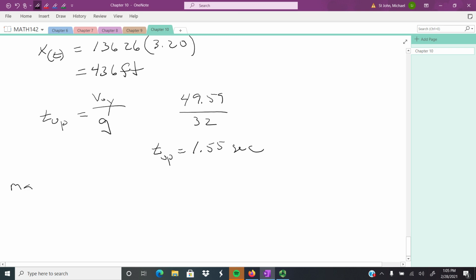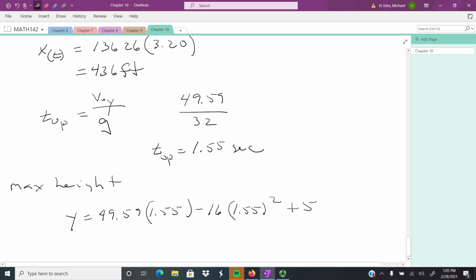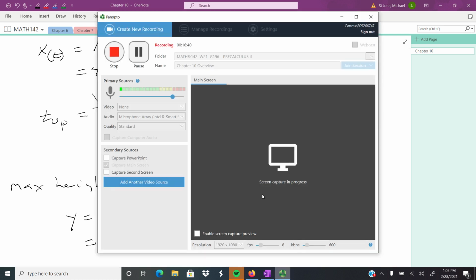So y is going to be 49.59 times 1.55 minus 16 times 1.55 squared plus 5, and it gets a maximum height of 43.43 feet. So that is in regards to a parametric equation, and that will conclude this video.